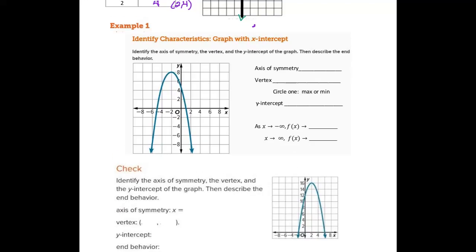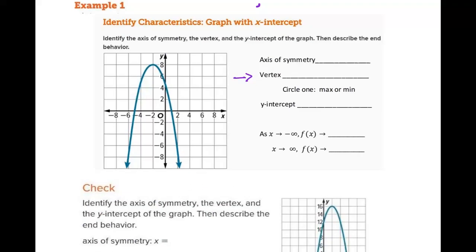So here we go. I always like going to the vertex first, even though it's not the first thing they ask for. Okay? So, Ashley, what is my vertex? There's an 8 in it, yes.